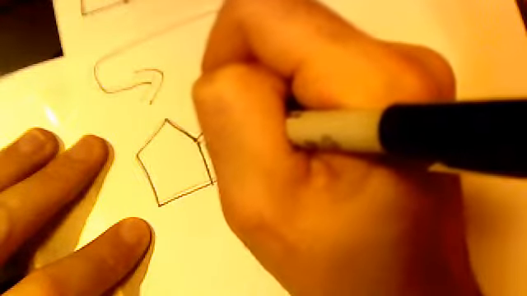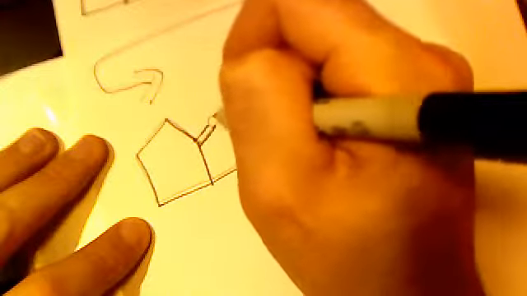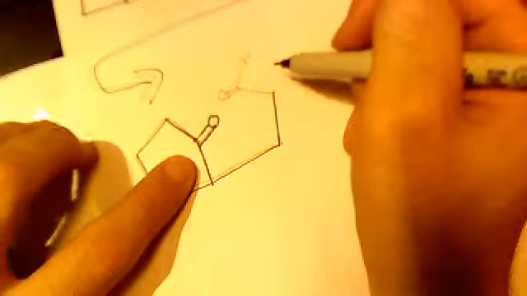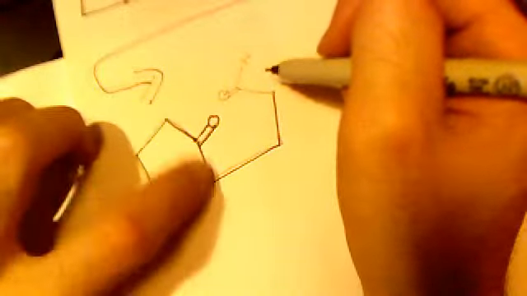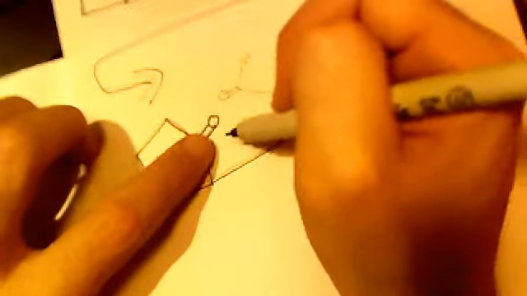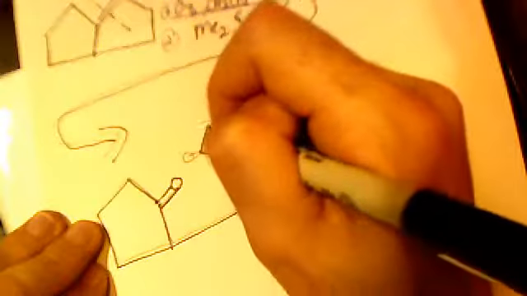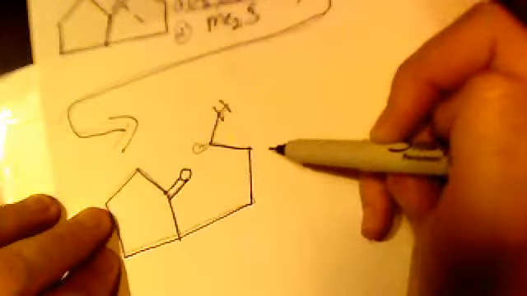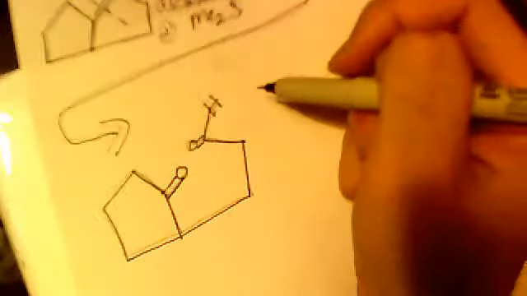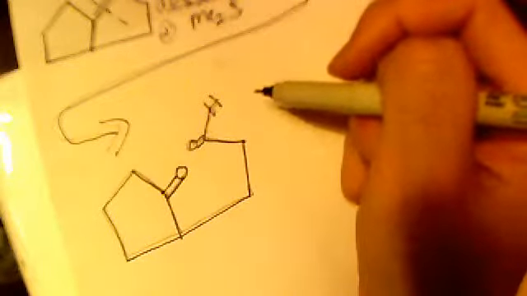Now, the double bond was here, it broke, and this disubstituted carbon became a ketone, and the monosubstituted carbon became an aldehyde. And that is answer D on the practice test.